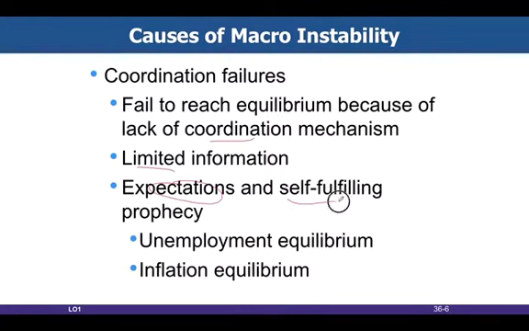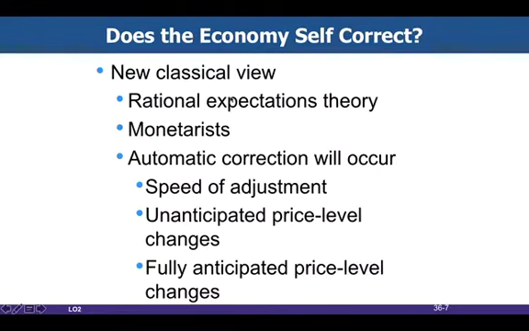And we already know that expectations can become a self-fulfilling prophecy. Okay, so we can skip these for now. Let's just move on to keep things simple. But coordination failures could be another cause of macroeconomic instability, and this would be a more classical view of things.